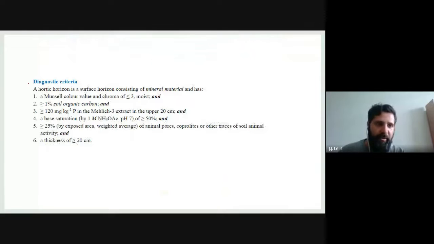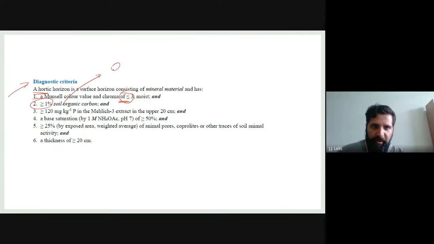The diagnostic criteria for the identification of the Anthropic horizon are low chroma, because of the dark color, and a minimum content of at least 1% of soil organic carbon.